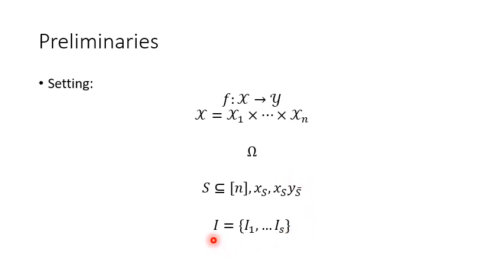We will also denote by I a random partition of the n coordinates into s disjoint sets, and in this paper this partition will always be obtained by assigning each coordinate to a uniformly chosen set from the partition, and all these samplings will also be independent for each coordinate.